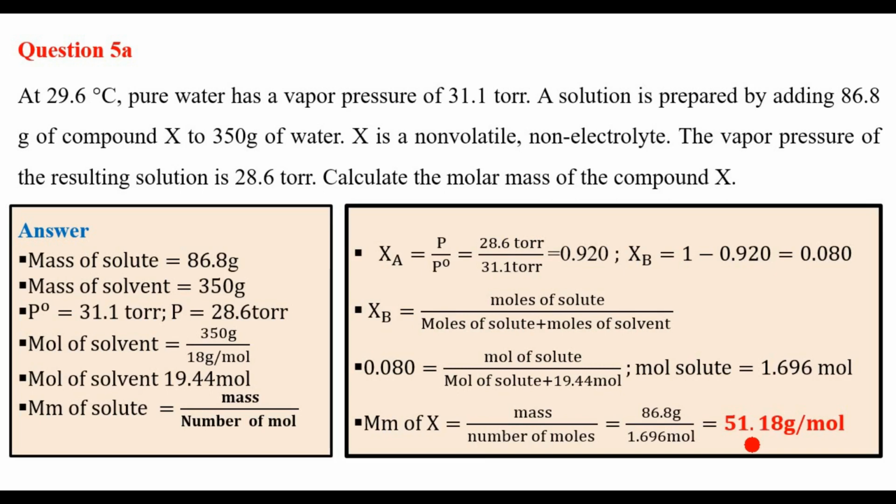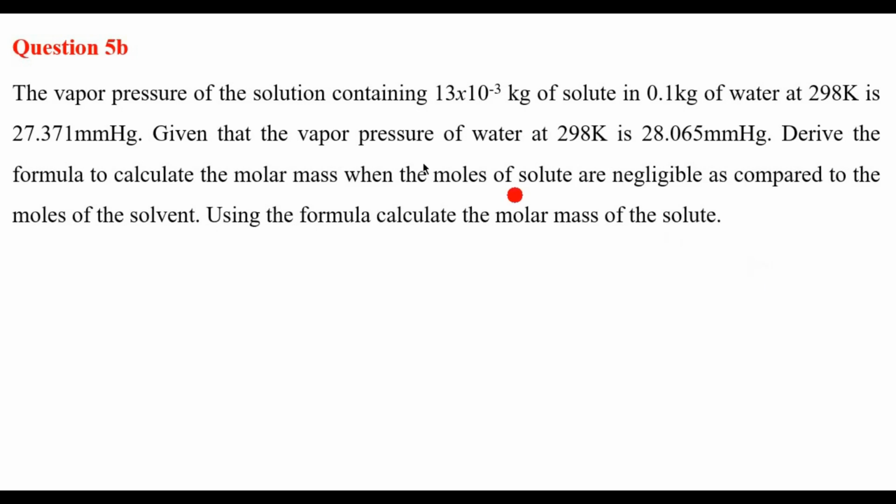Let's move to question 5B. Question 5B is saying the vapor pressure of the solution containing this mass of the solid in 0.1 kilogram of water. That means you have the mass of solid and you also have the mass of the pure solvent, which is the water.